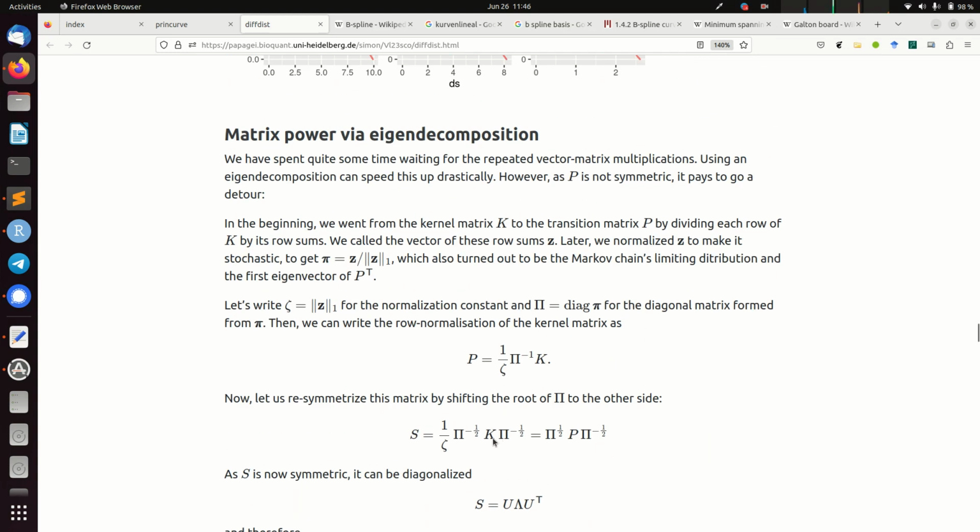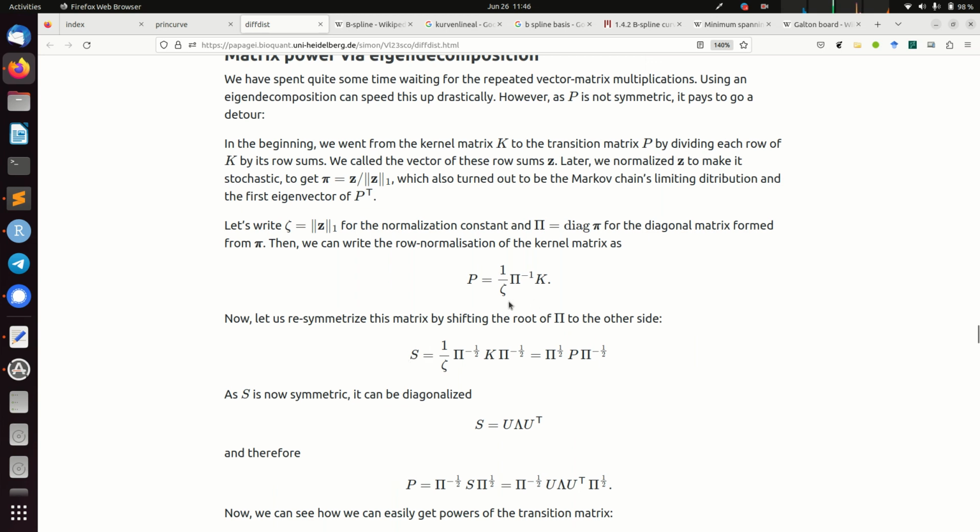What we do here is, the first thing is, we remember that we divided K row-wise by Z. We divided each row of the kernel matrix K by an element of this normalization vector Z. Now, if you want to divide each row of a matrix by an element of a vector, one way to write this is by making a diagonal matrix on the left-hand side.